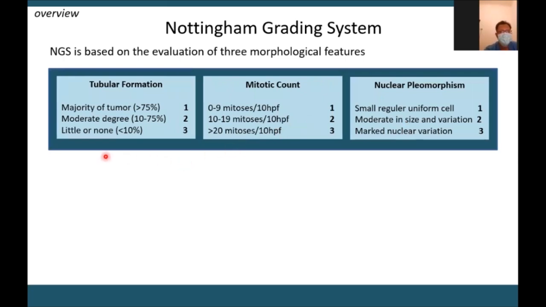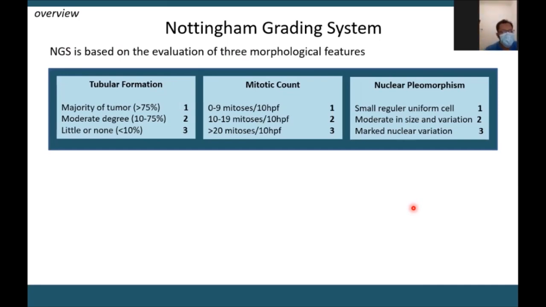The Nottingham grading system, or NGS, is based on the evaluation of three morphologic features. There are tubular formation, mitotic count, and nuclear pleomorphism. Tubular formation is the amount of gland formation, the cell differentiation, or how well the tumor cells are trying to create normal glands.